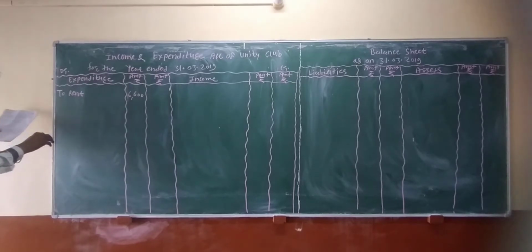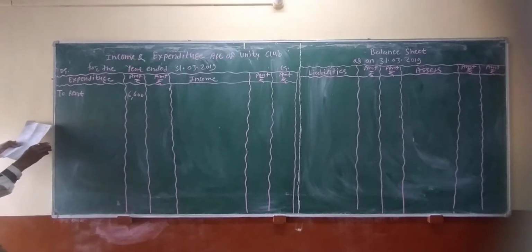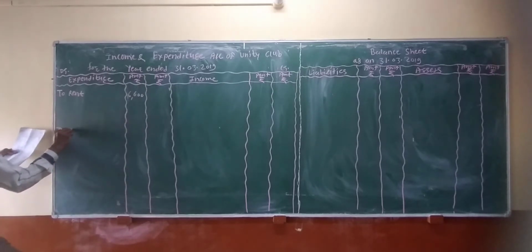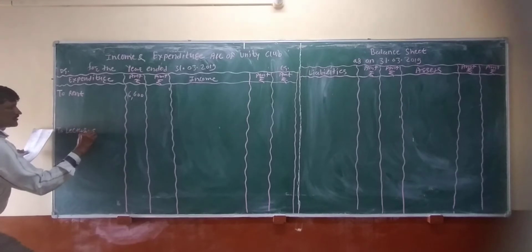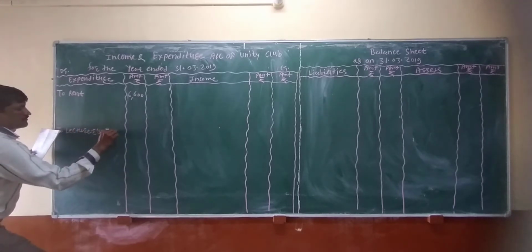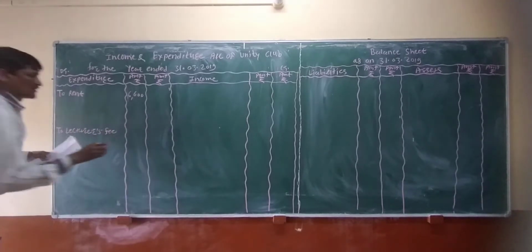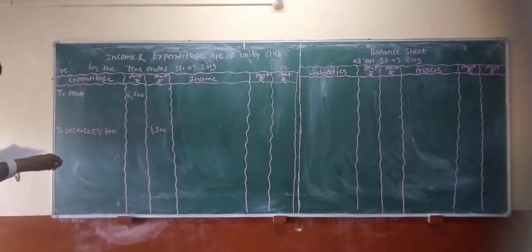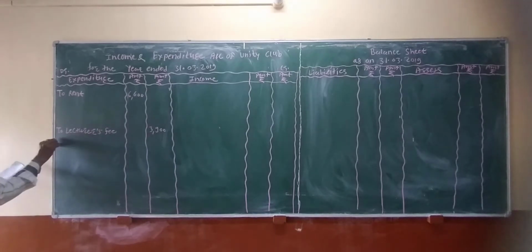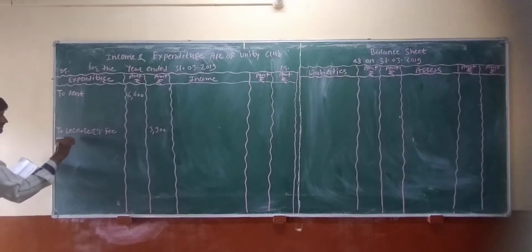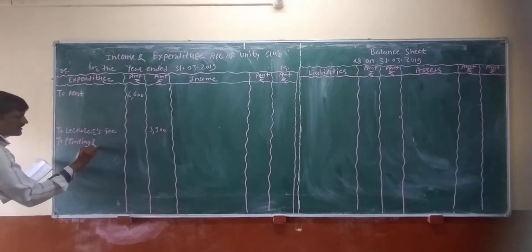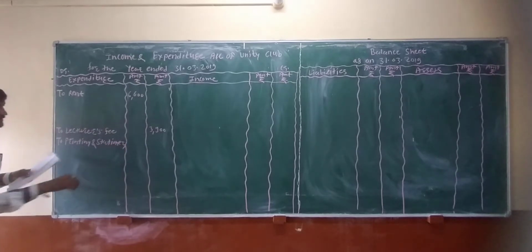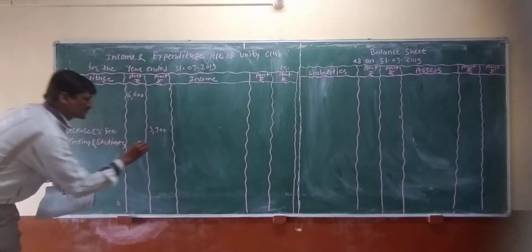Next, to lecturer fee 3,900. Next, to printing and stationery 2,500.